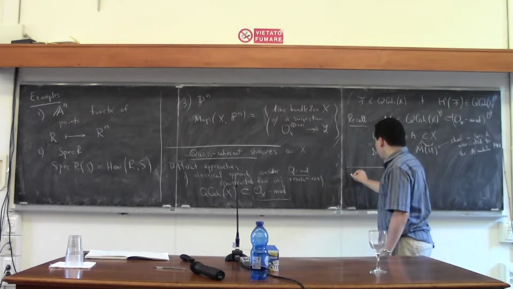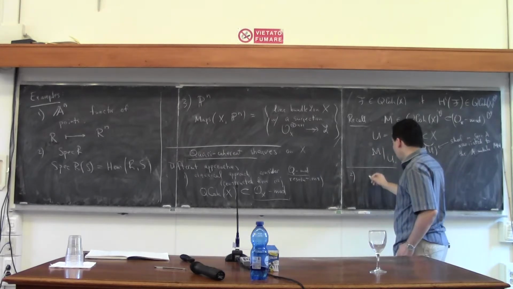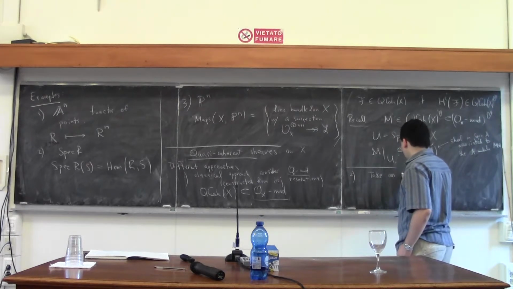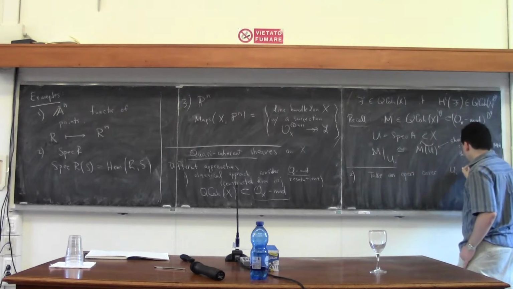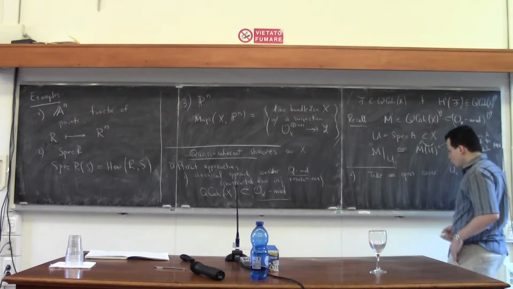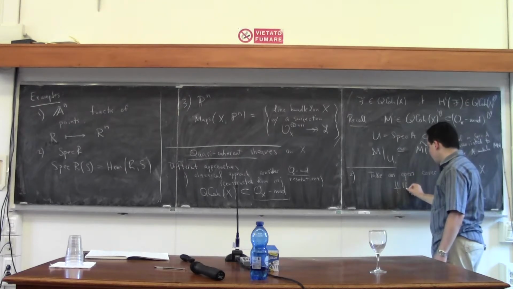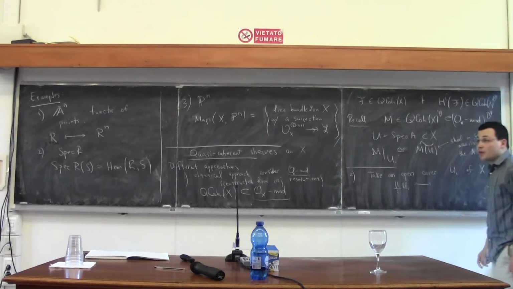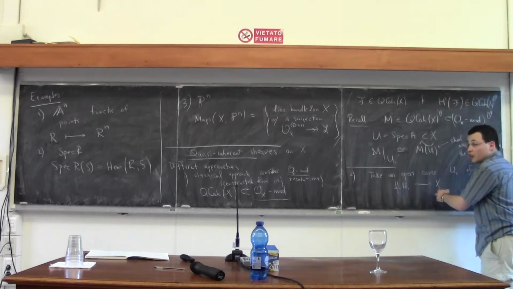A second definition is the following. Take an open cover U_i of X. What kind of thing does that give us? We have a map from the disjoint union of the U_i to X, where each of these is open and this map is surjective.